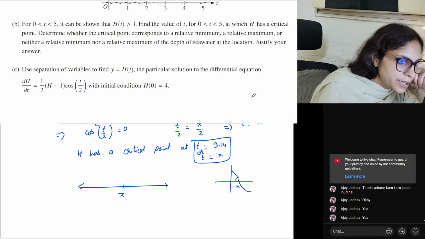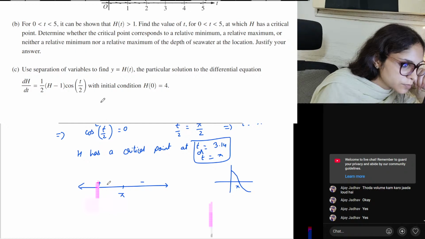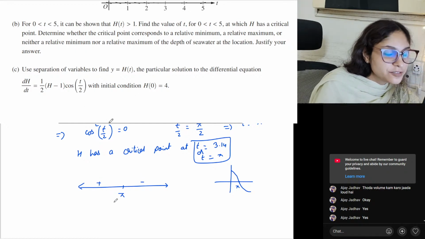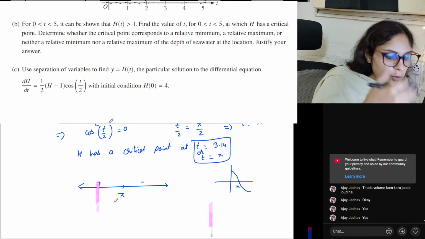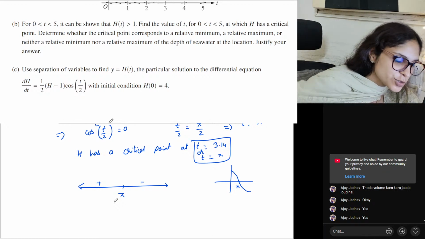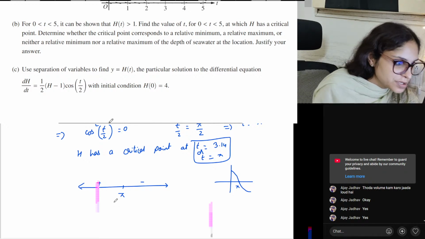So before pi it is positive, after pi it is negative. So the first derivative dh over dt is going from positive to negative. That means it is a relative maximum, because the function is going from increasing to decreasing.